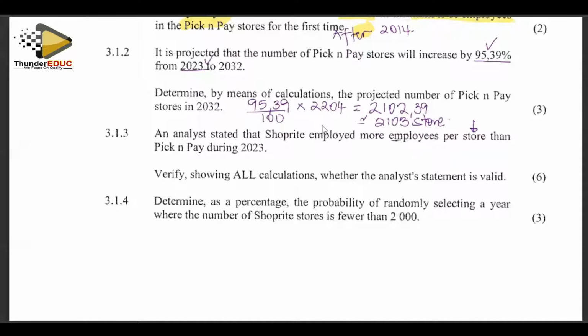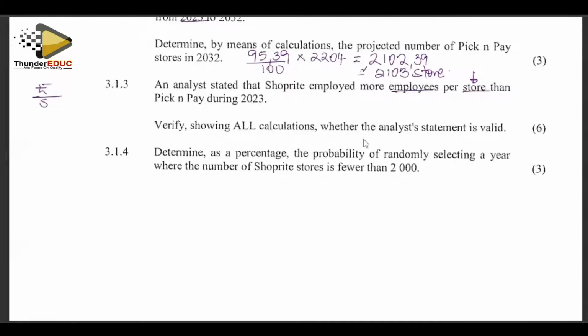So this one here, employees per store. This one gives you the formula, which will be the number of employees divided by the number of stores in both, and we find out which one is which. Okay, we shall start with ShopRite 2023.